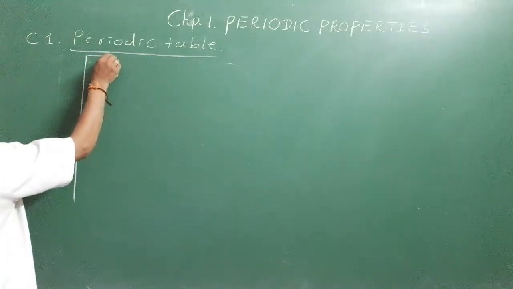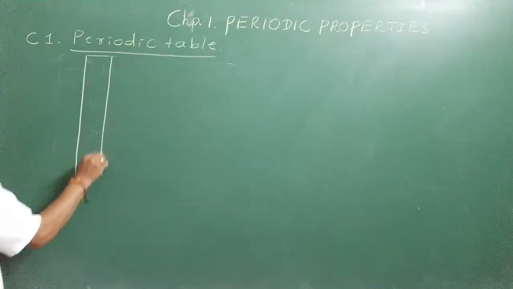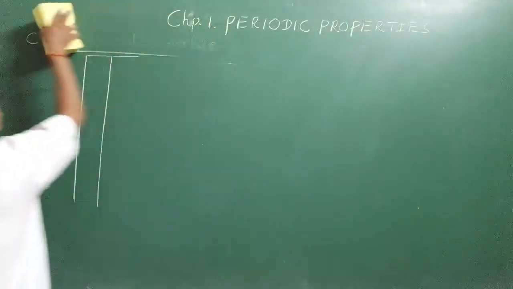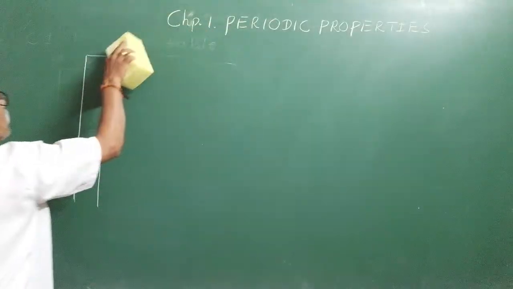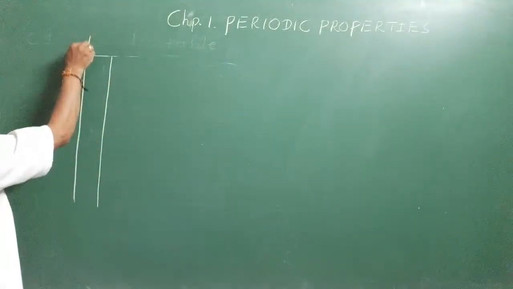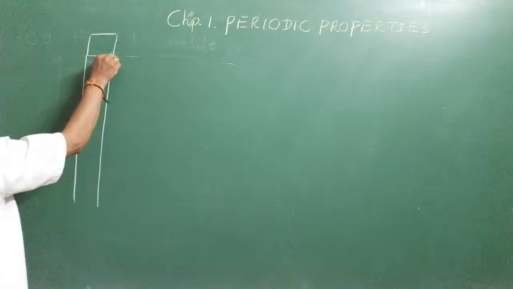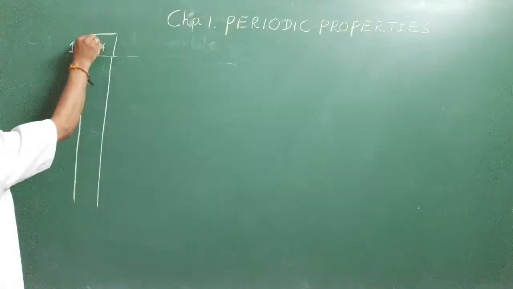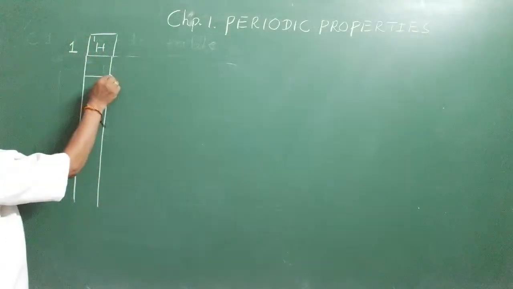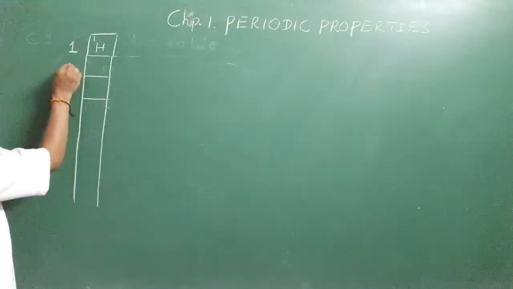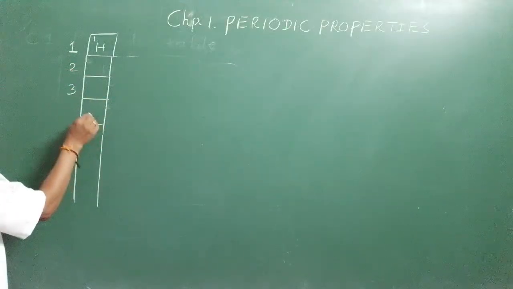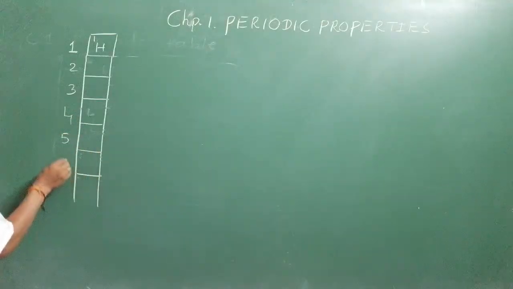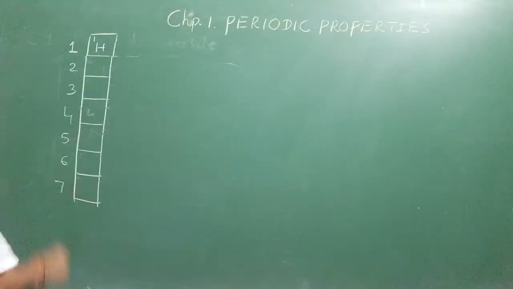The vertical columns are named groups, and the horizontal rows are called periods. Totally there are 7 periods. This is hydrogen with atomic number 1, and in the same way you have the second period, third period, fourth, fifth, sixth and seventh period.